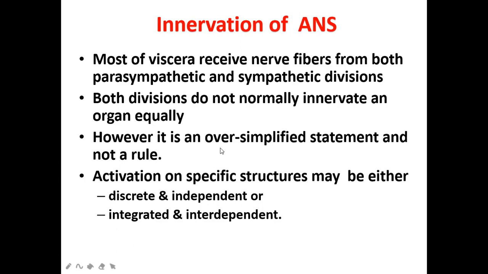However, it is an oversimplified statement and not a rule. And activation of the specific structures may be either discrete and independent, or integrated and interdependent, depending upon the neurotransmitters which are involved.